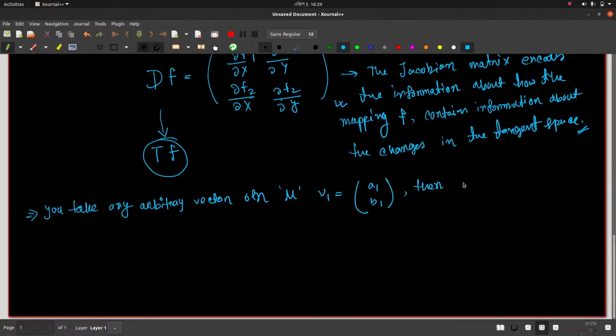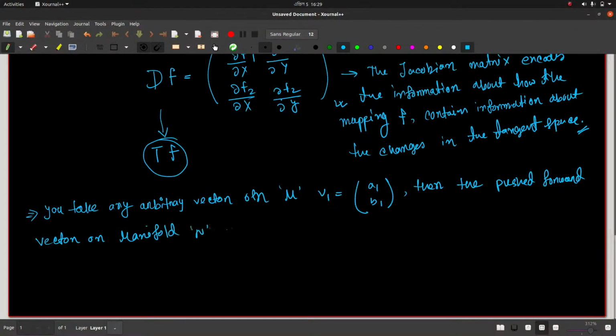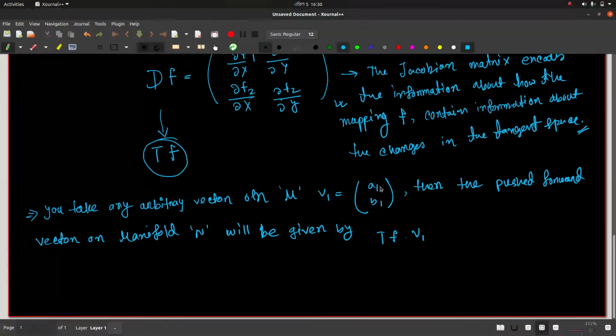Then the pushed forward vector on manifold N will be given by T of F multiplied with the vector itself.